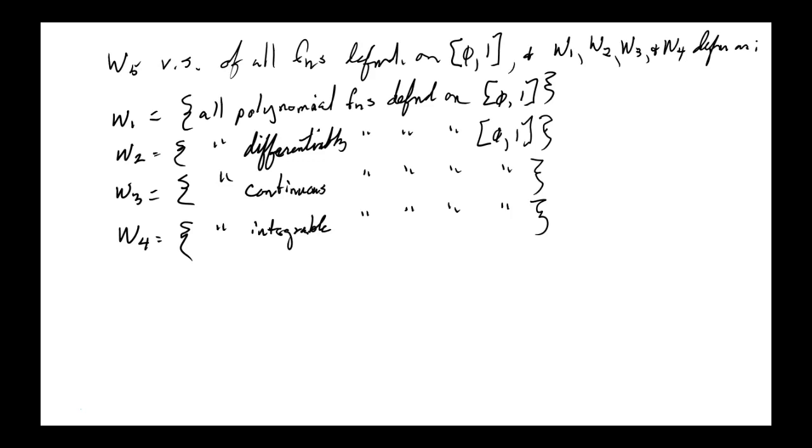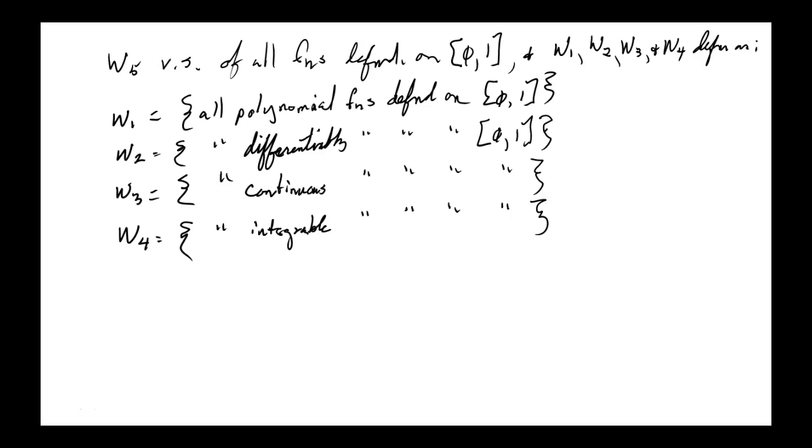Now, I always like to go back and also note that the 0 function is included, and the 0 function is a polynomial function, f of x equals 0, that's defined on 0, 1. In fact, it's defined everywhere, and so no big surprises there.